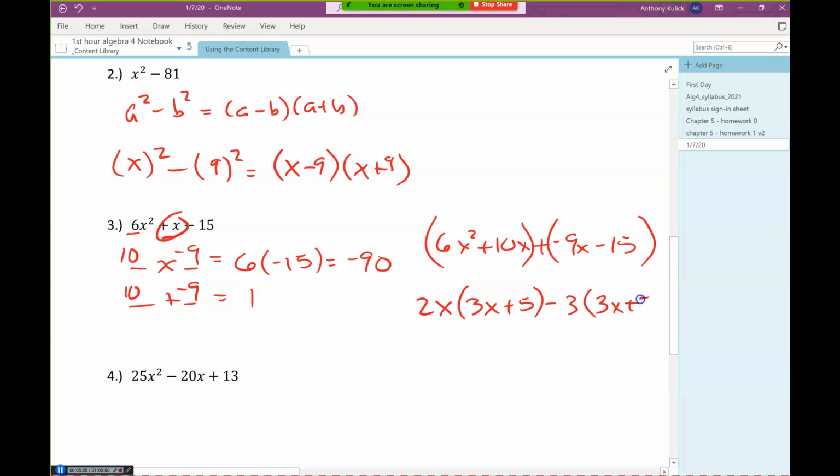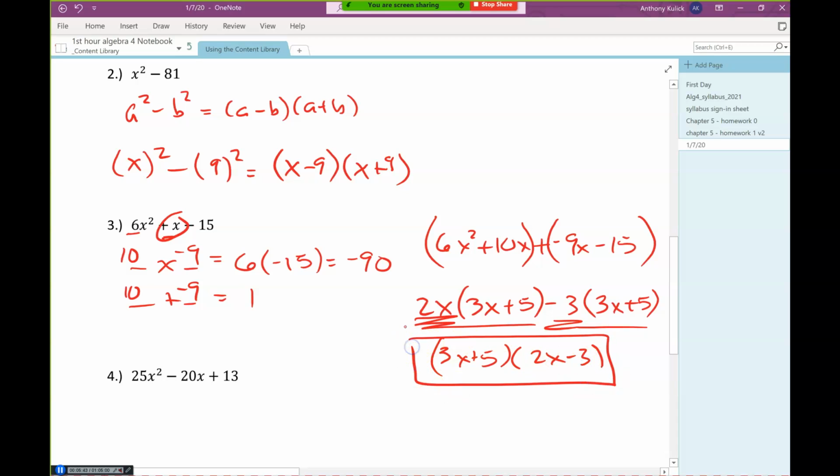So when I factor that -3 out, I get positive 3x plus 5. And I notice then that if I compare these, they both have a 3x plus 5. So if I factor that out, I'm left with 2x minus 3. And there's my factored form, right?